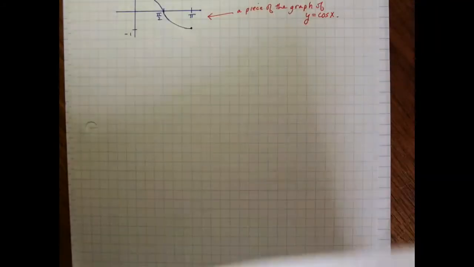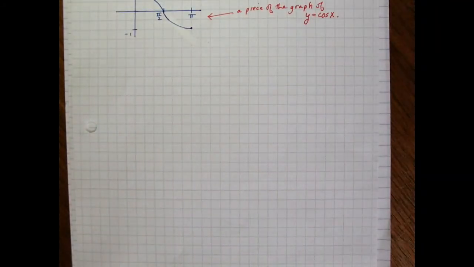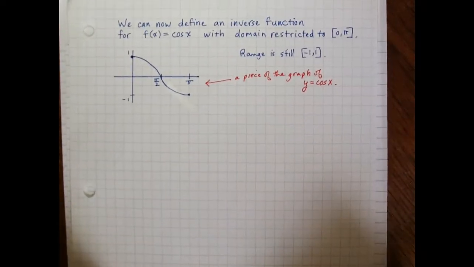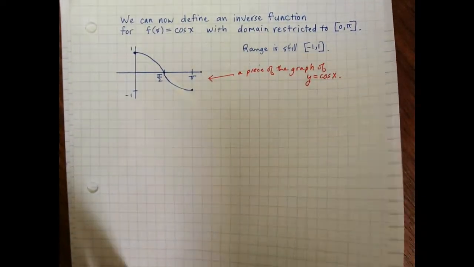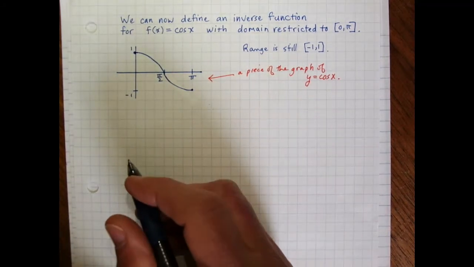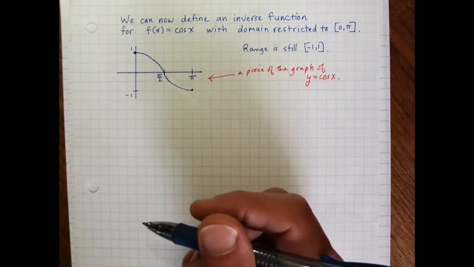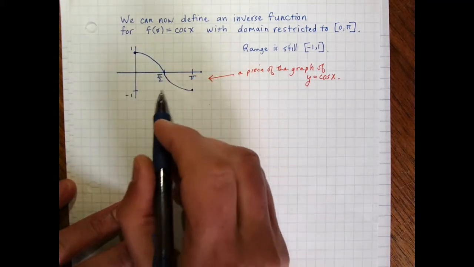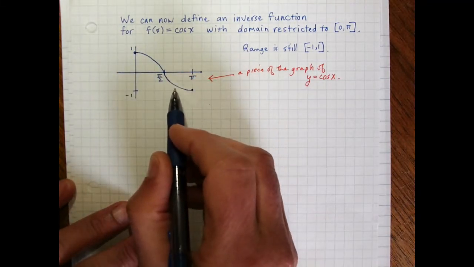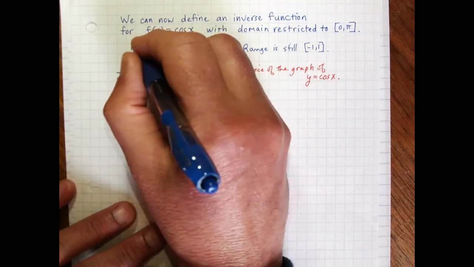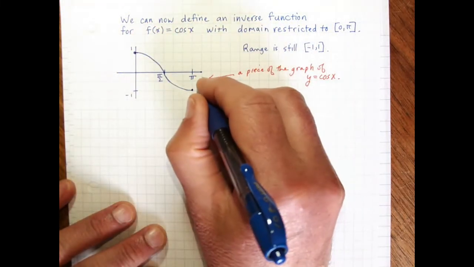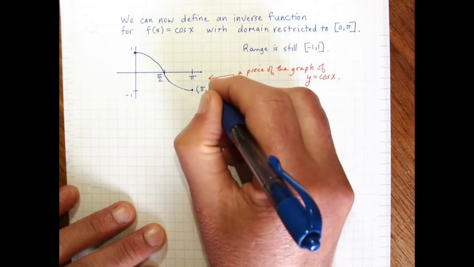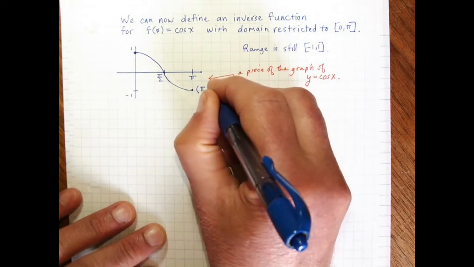Okay, so now what we want to do is actually graph our inverse function. I have another copy of the restricted graph of cosine here, and I just want to point out that this point is pi comma negative 1.